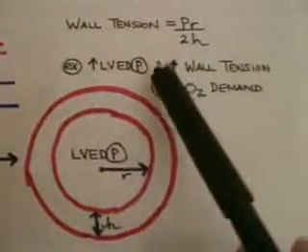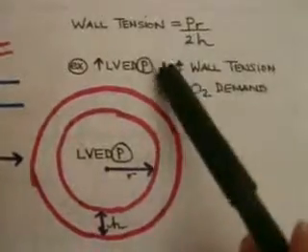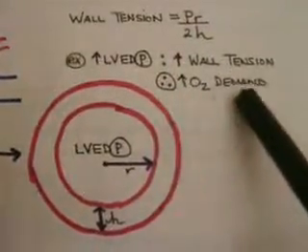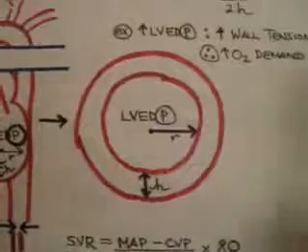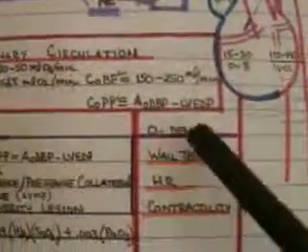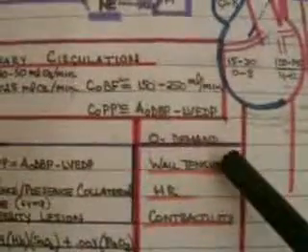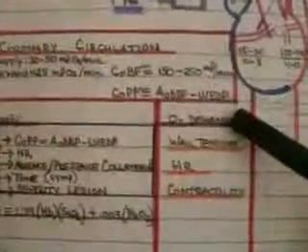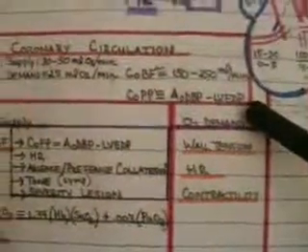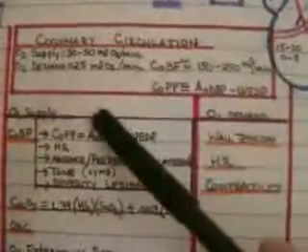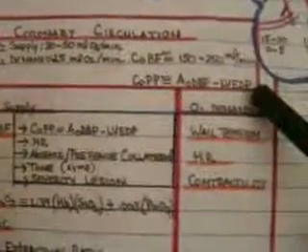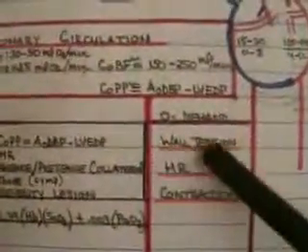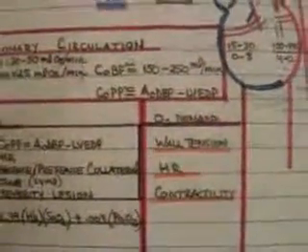And with increased wall tension, or afterload, there's an increased oxygen demand. In fact, one of the things we talked about before, as far as increasing the oxygen demand, is wall tension. In regards to coronary circulation, there's an increased oxygen demand, and hopefully an increased oxygen supply that meets the demand, when there's increased wall tension, or increased afterload.